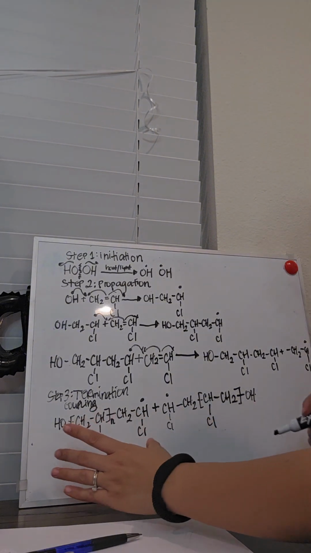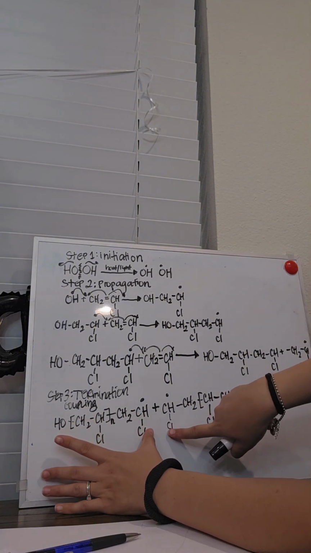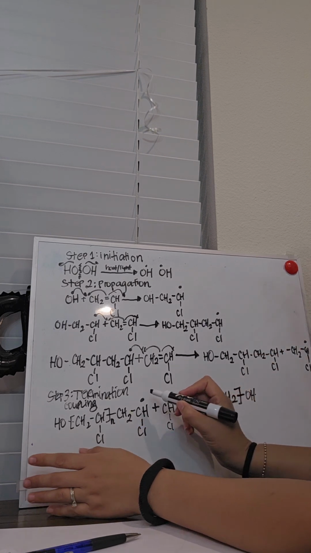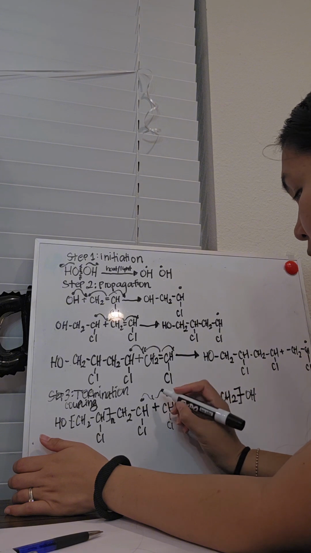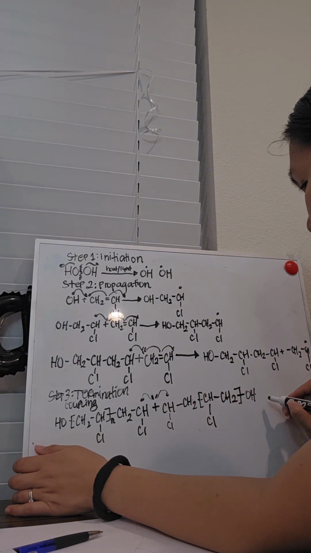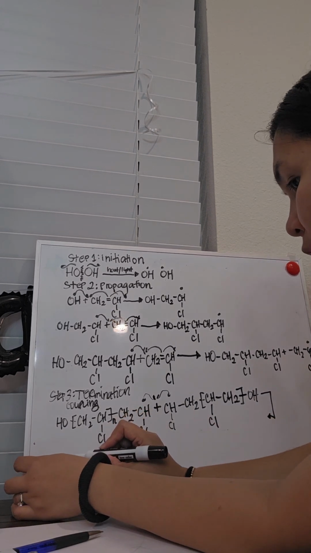So then these 2 different radical chains will couple up, which will then produce, I'll just write it down over here in the product.